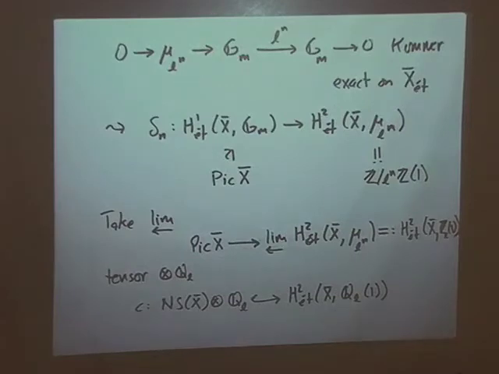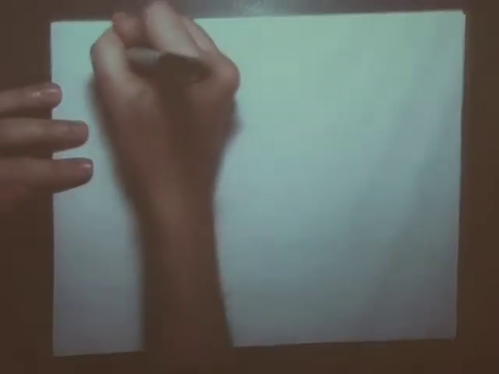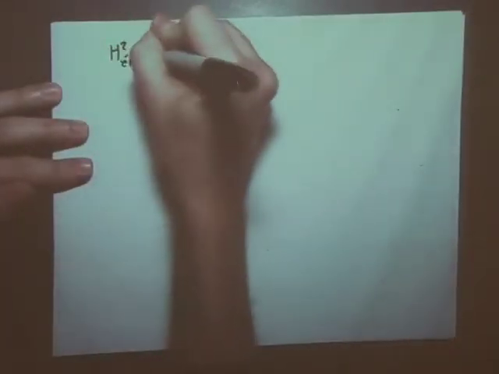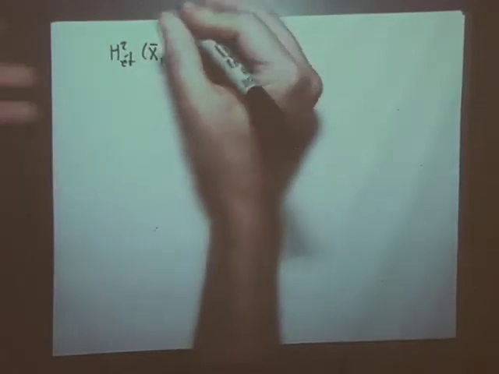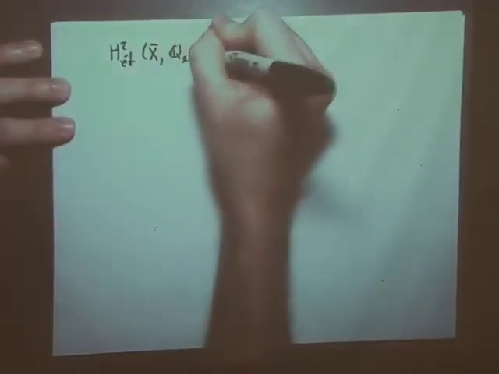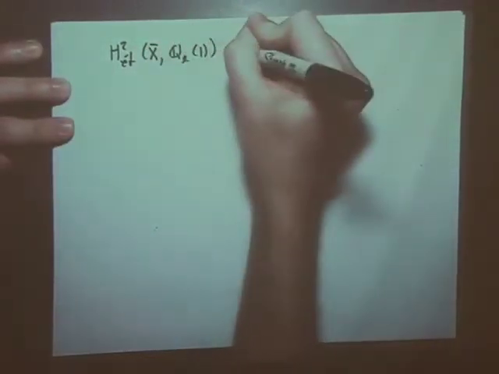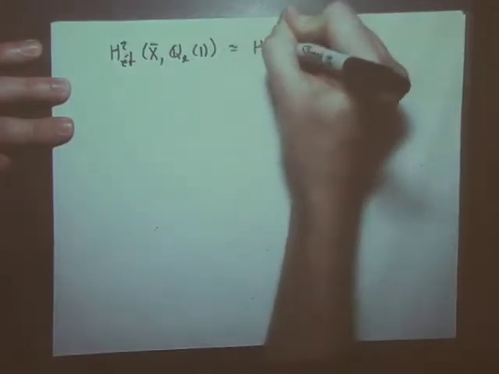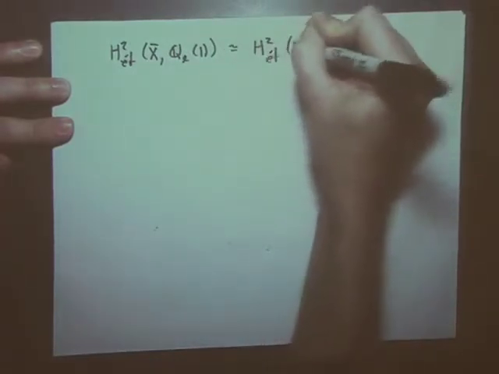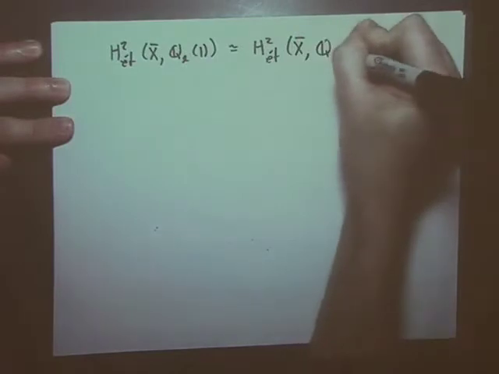Okay, now we have to do just a little bit of untangling, and this is more a technical disclaimer than anything else, which is that this H2 étale of X bar Q_L(1), so this is isomorphic to H2 étale of X bar Q_L, and then twisted by (1).